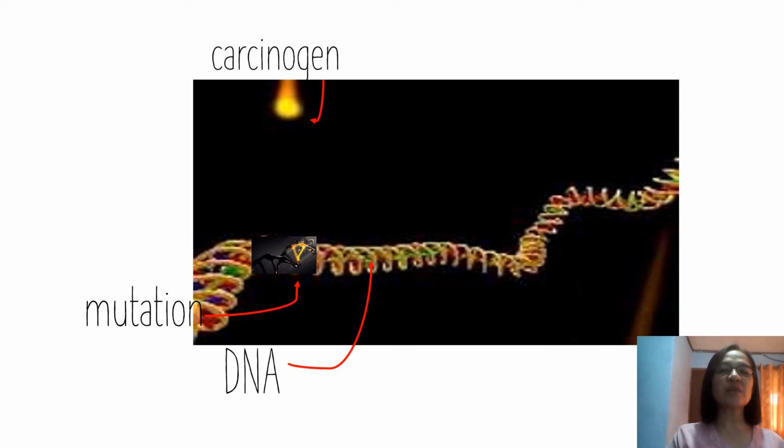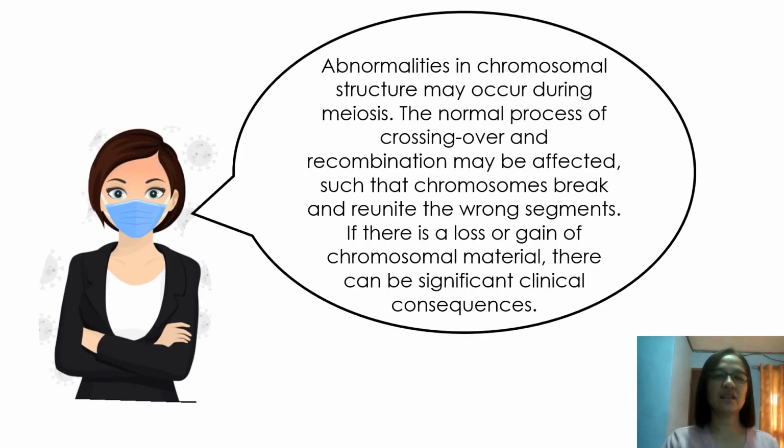And mutation might happen in two different types of cell. It's either reproductive cells or body cells. Most mutations, of course, are harmful, but some can be useful in different species. Abnormalities in chromosomal structure may occur during meiosis. The normal process of crossing over and recombination may be affected, such that chromosomes break and reunite the wrong segments.